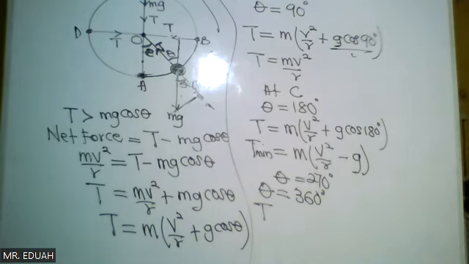When you put it in, you get 1. So tension will be equal to mv squared over R plus mg. That's the same relation as we have derived before.